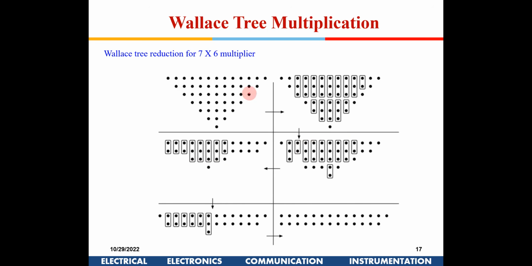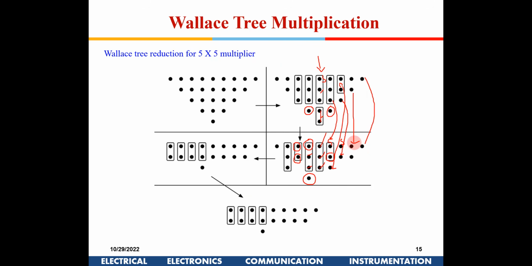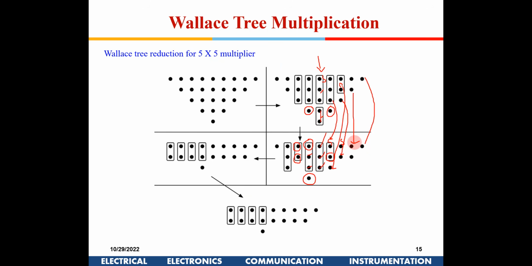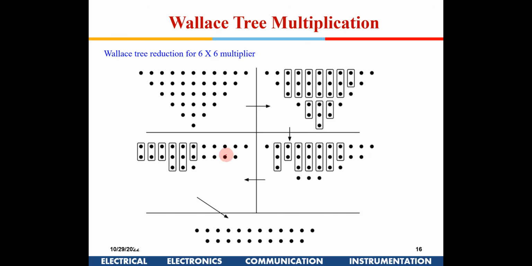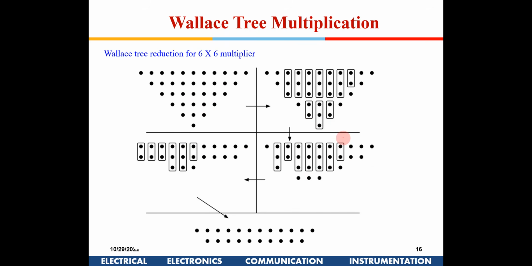So what was the difference between 5 by 5 and 6 by 6, from stage 4 to 5? No additional stage is required, but the number of adders is different. Is there any formula to compute the number of stages based on x by x?